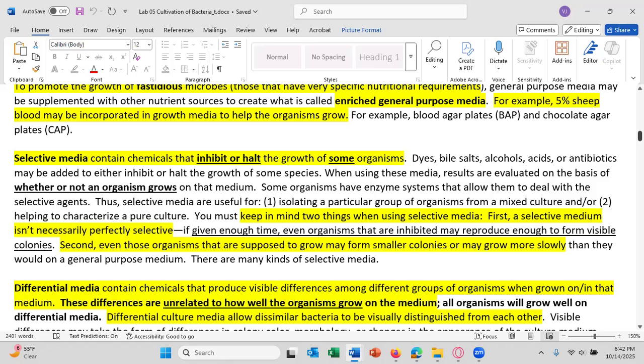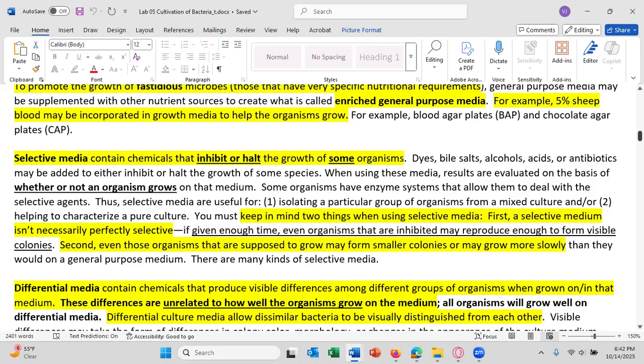There are many kinds of selective media, and I actually got this out to show you. In our microbiology lab, we have a book that's about this thick. It's actually a little wider and a little longer than this, but about this thick is correct.